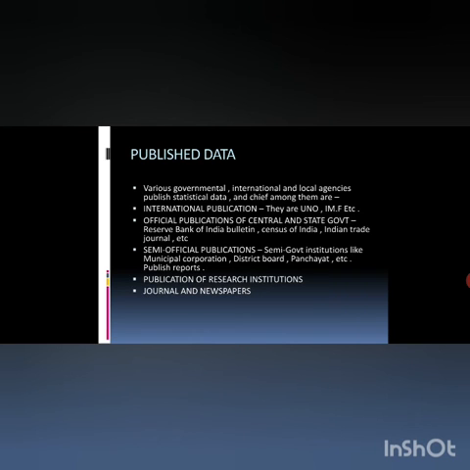Government data are fairly correct. Others include semi-government publications, reports of committees, publications of trade associations, publications of research institutions, journal papers, publications of research scholars, and internal publications.